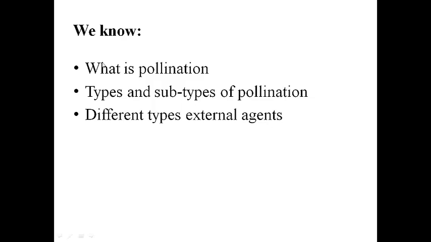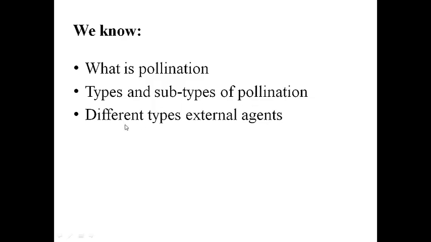Now we know what is meant by pollination, right? Then we also know the types and subtypes of pollination. The types of pollination are cross-pollination and self-pollination. Under self-pollination there are two types, that is autogamy and geitonogamy, whereas cross-pollination consists of abiotic agencies and biotic agencies.